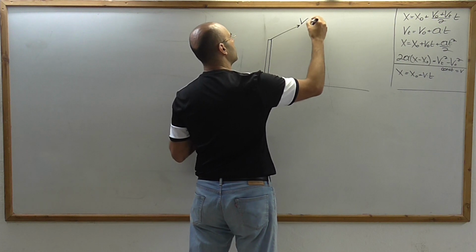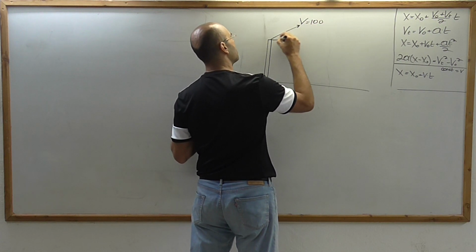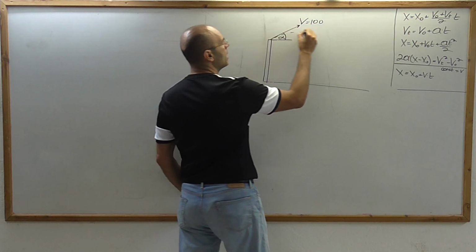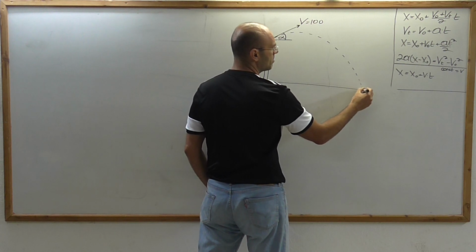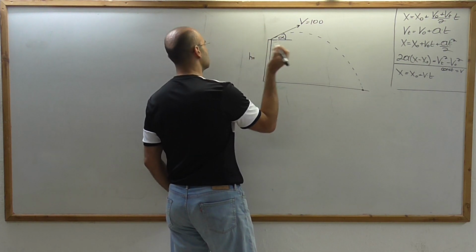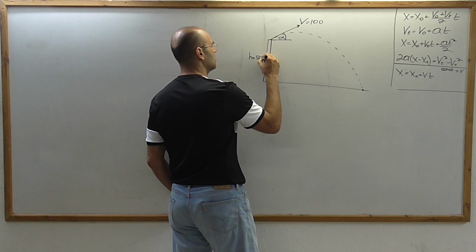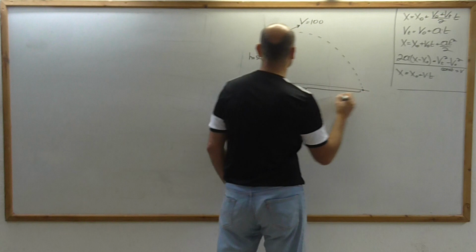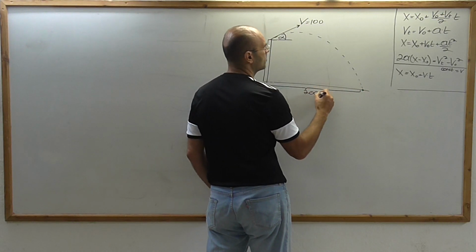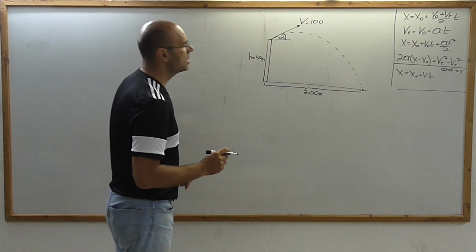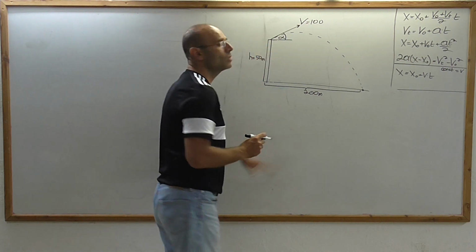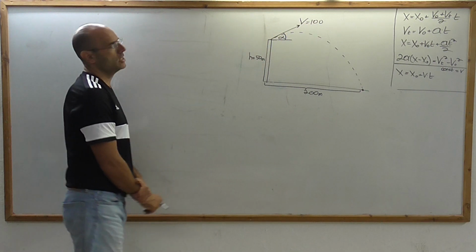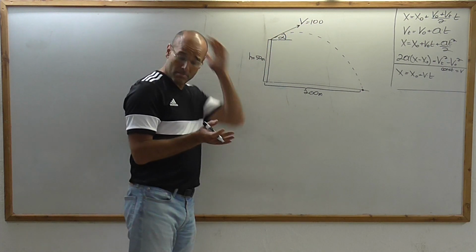I throw a ball at the velocity of 100 at an angle I don't know, and I want it to reach this point. Let's say this h is 50 meters, and let's say the range is 200 meters. And the question is, what angle should I choose in order to reach this point? Let's do it, okay? It's a practical question.